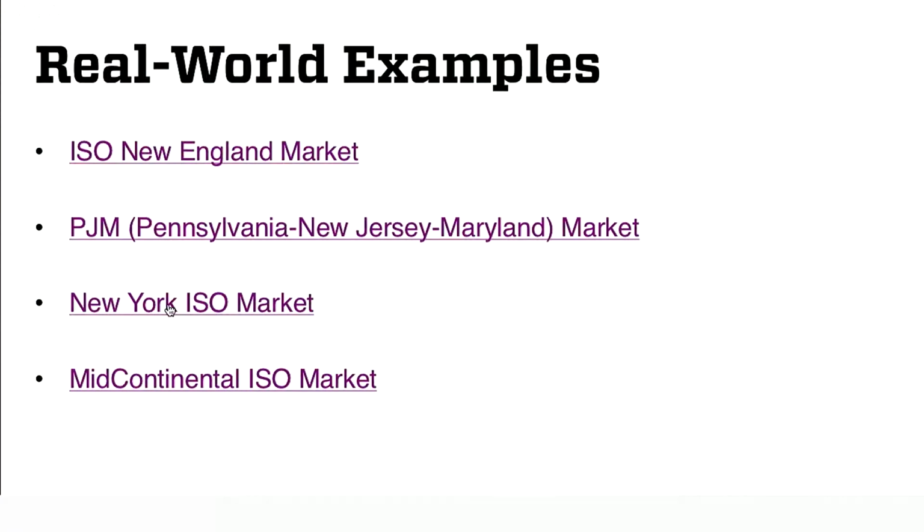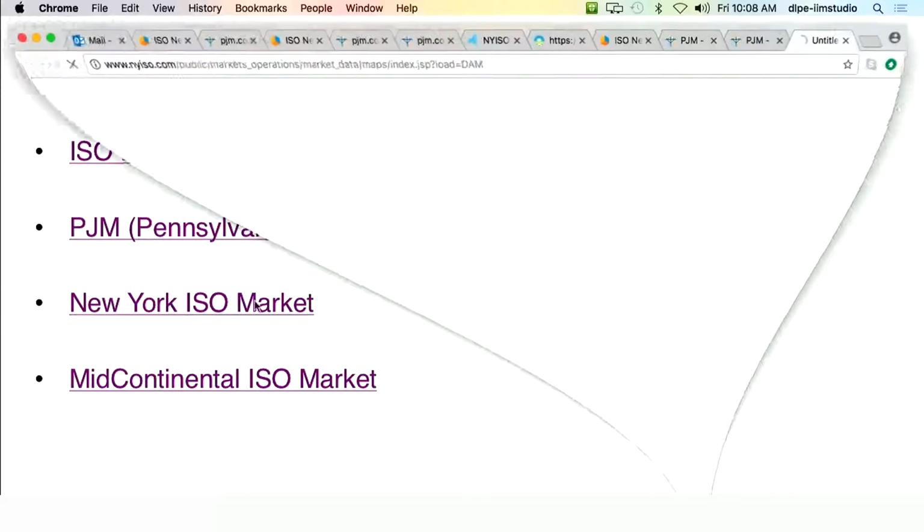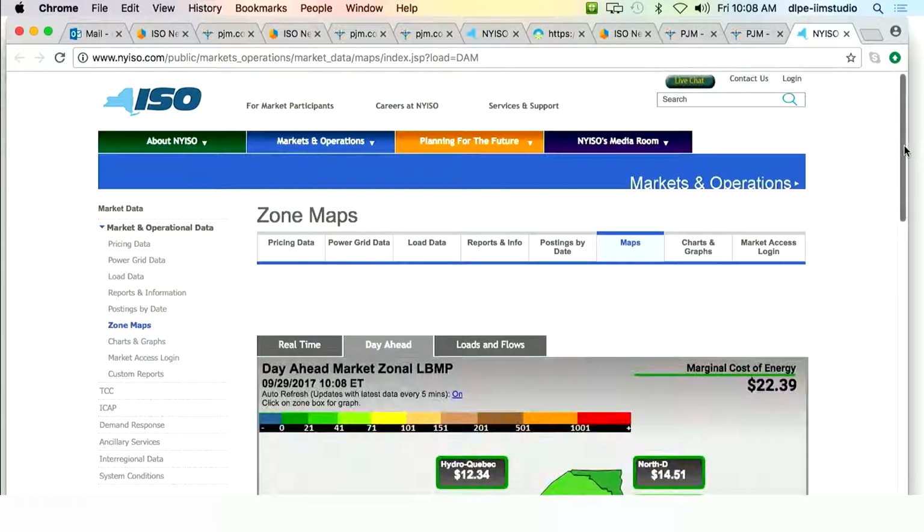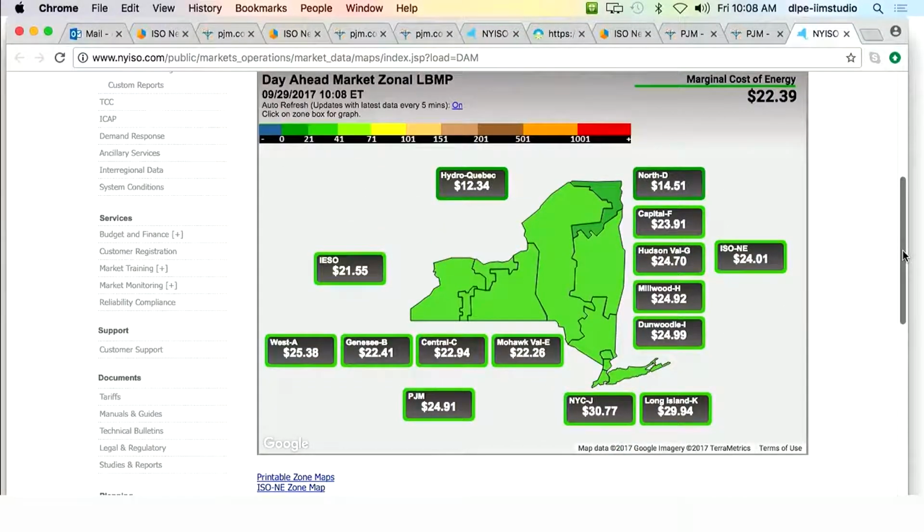If you look at ISO New York, you'll see another footprint here. ISO New York operates the state of New York, and you can see that New York City is right here, price $30.77, more than twice the price in New England, which is just next door. And Long Island is also a very high price, and this price changes every few minutes.